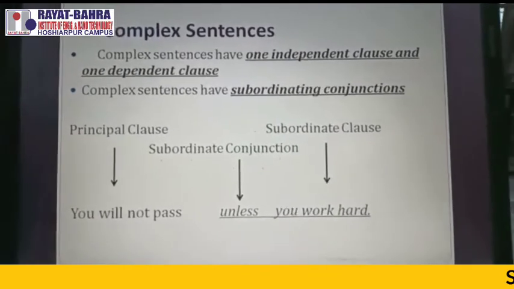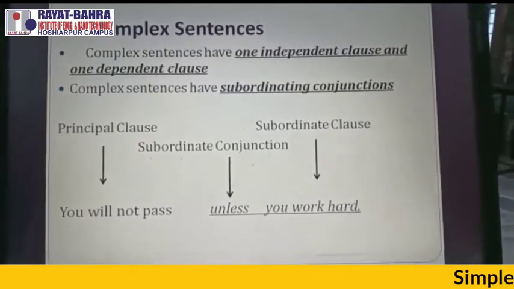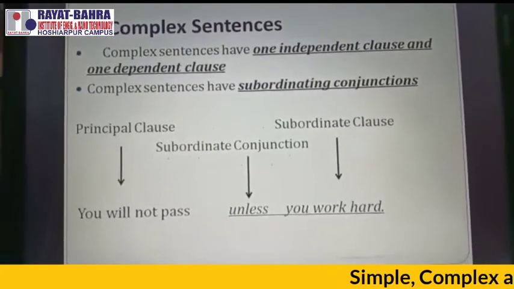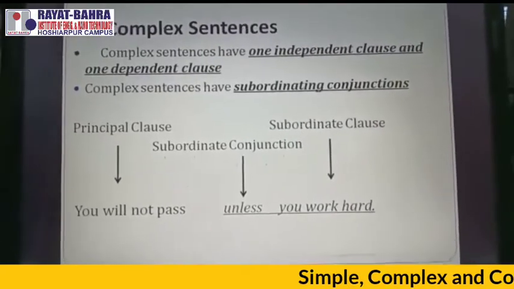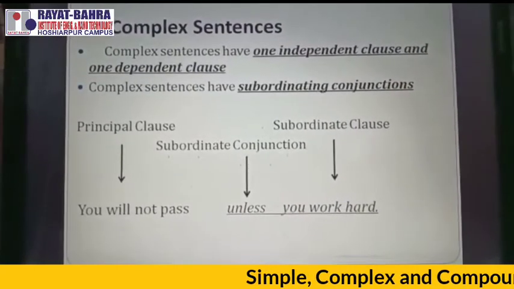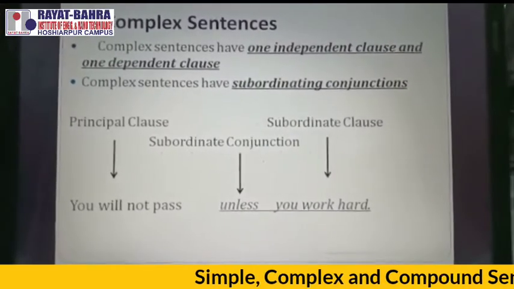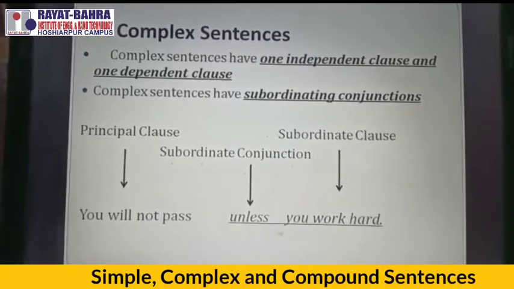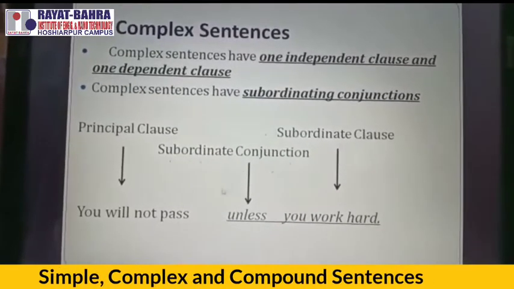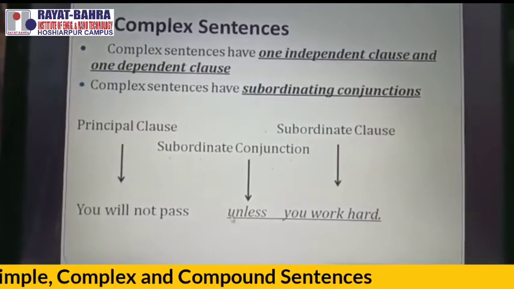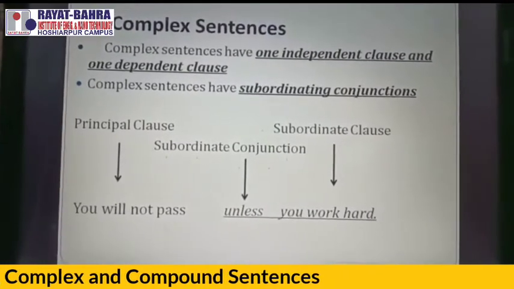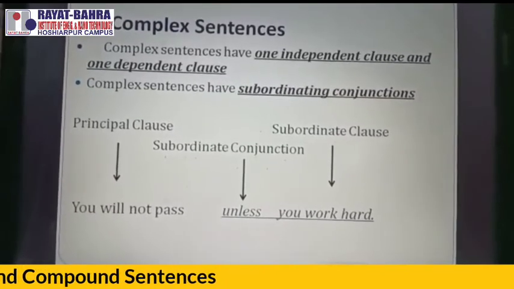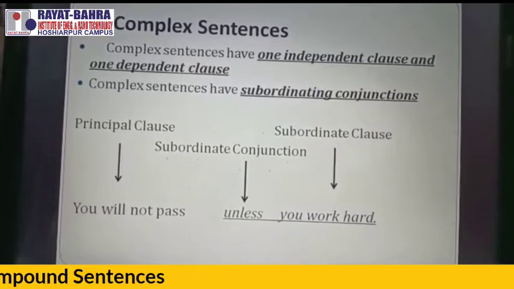That part of the sentence which is complete is the principal clause, and which is incomplete in its thought is the subordinate clause. But you see, these two parts of the sentence have been connected together by one connector. This is a subordinating conjunction. It means that complex sentences have subordinating conjunctions as connecting words, and there is one independent clause and another subordinate clause, joined together by a subordinating conjunction.